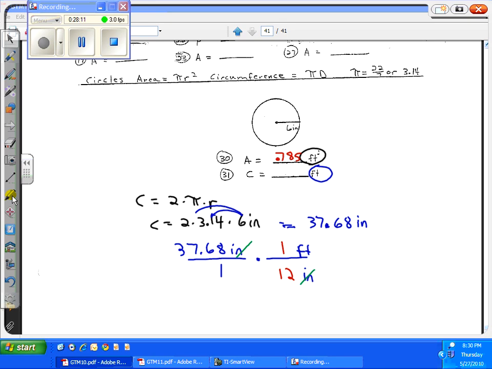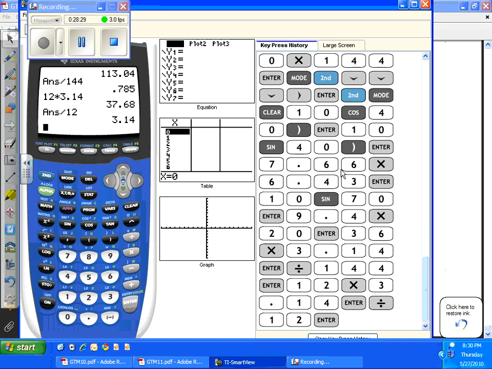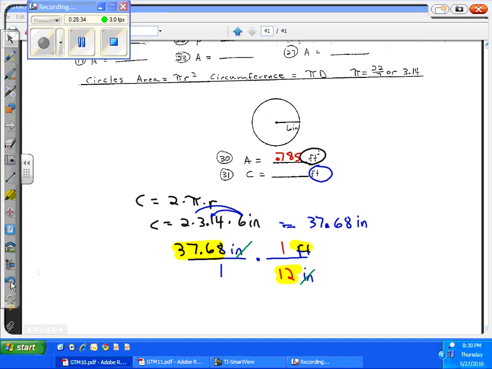So we have 37.68 on top, 12 on bottom, and the new name feet. We do 37.68 divided by 12, which takes us back to pi, 3.14. So the answer for the circumference is 3.14 feet. Any questions on 30 and 31? Okay.